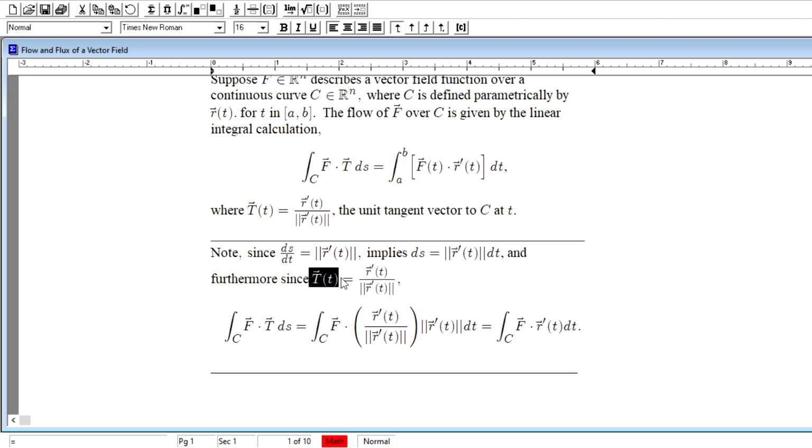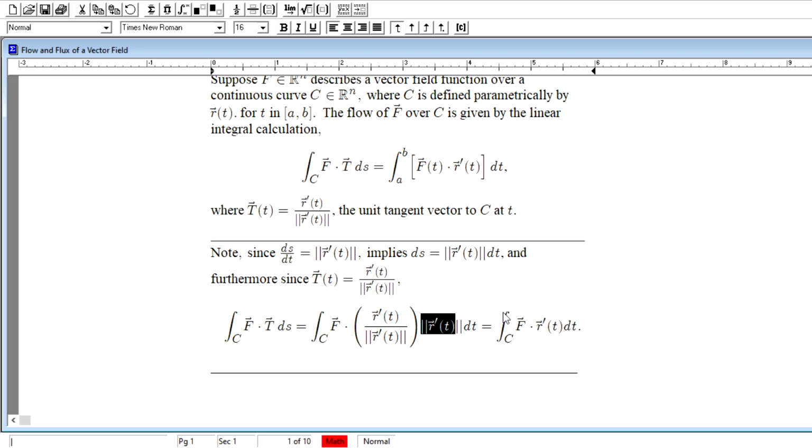And furthermore, since T bar of t is equal to r bar prime of t divided by that magnitude, when I substitute this quantity for T bar and this quantity for ds into this statement, the magnitudes will cancel, right?